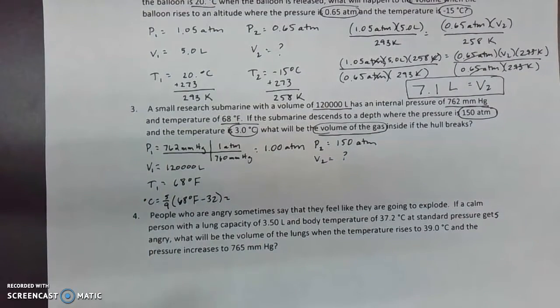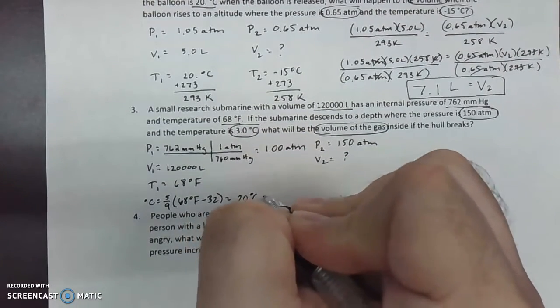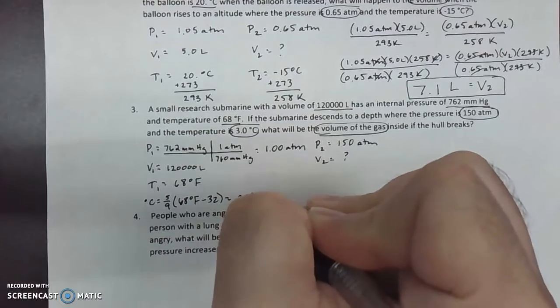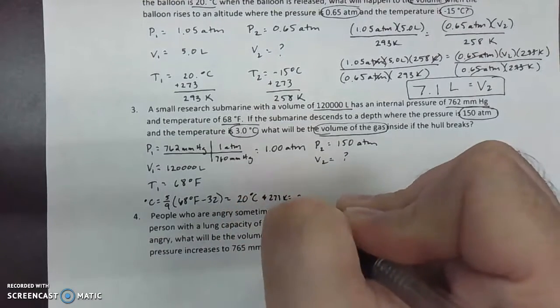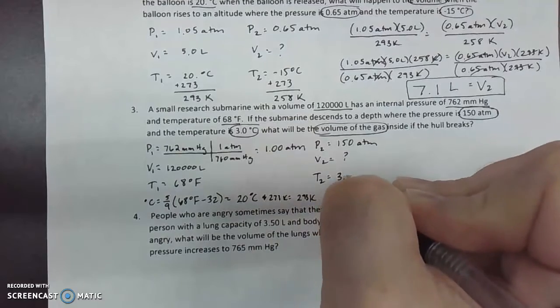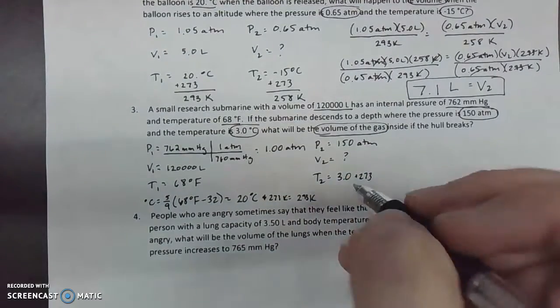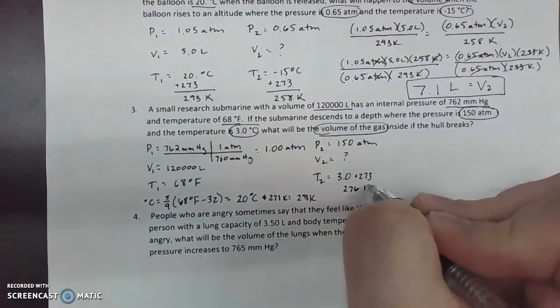So 68 minus 32 times 5 divided by 9 gives me 20 degrees Celsius. Add 273 to that and I get 293 Kelvin. T2 is 3.0 degrees Celsius. I add 273 to that and I get 276 Kelvin.